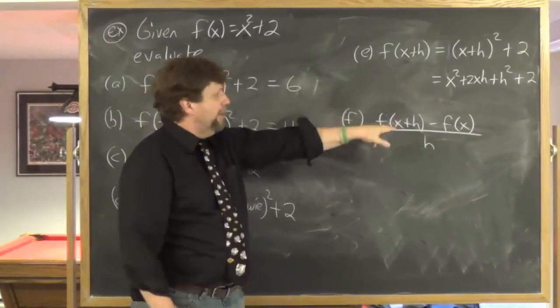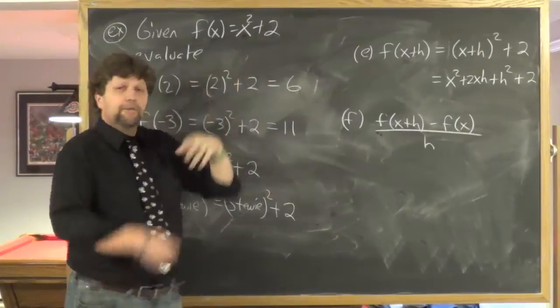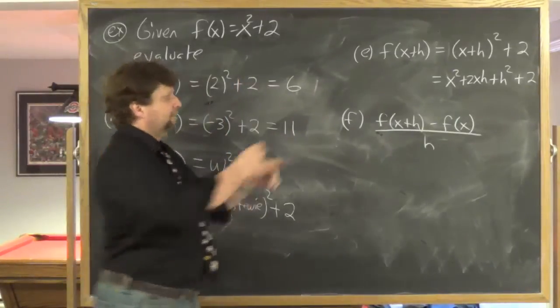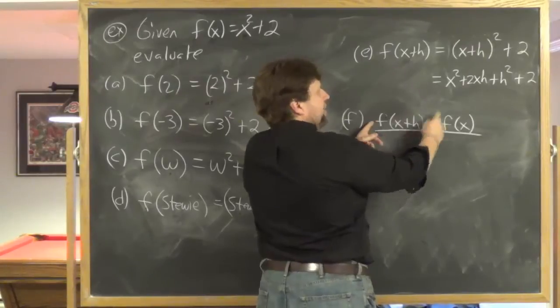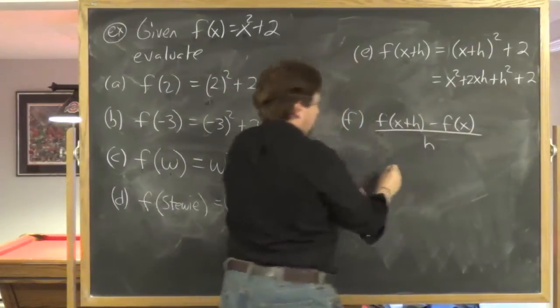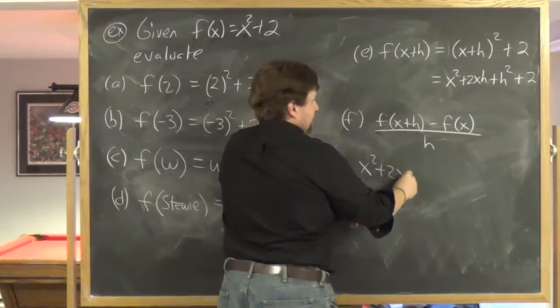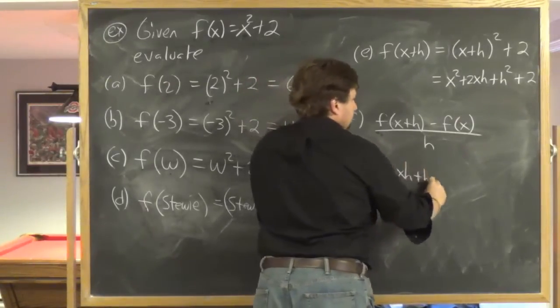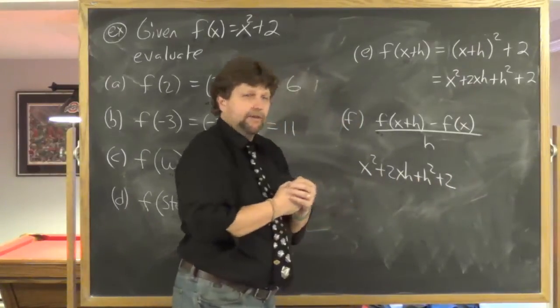If we didn't, we would compute it by taking x plus h and tossing it into the function wherever we see an x. But since I've already done that in part E, I know the f of x plus h is that junk. So let me just write that down. That's the f of x plus h.